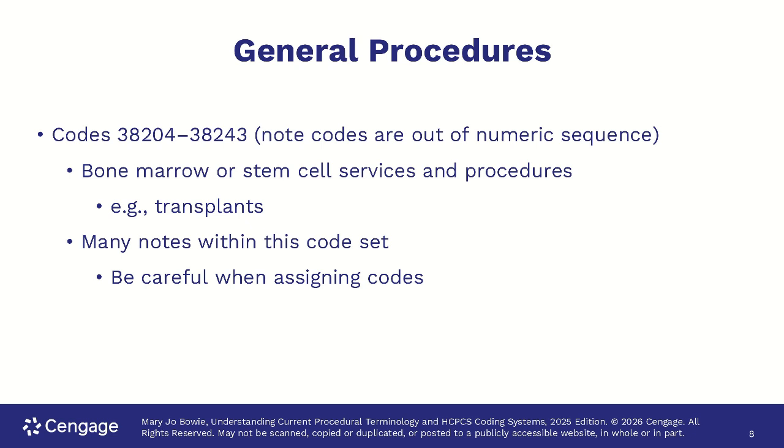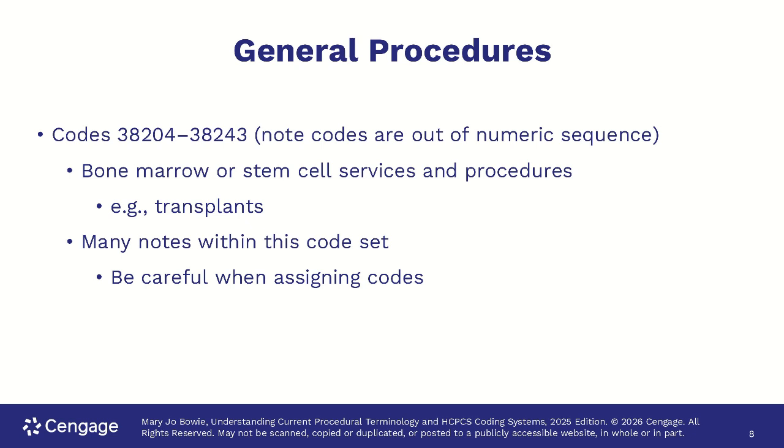Next up, we have a code family for general procedures, more codes that are out of numerical sequence. And these codes report transplantation and post transplantation cellular infusions. There are several notations that appear in this area, like you can only report this once a day.